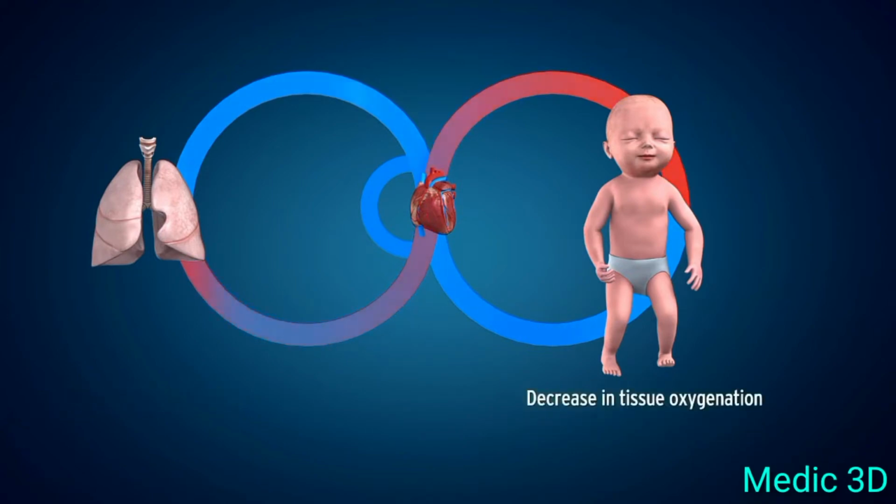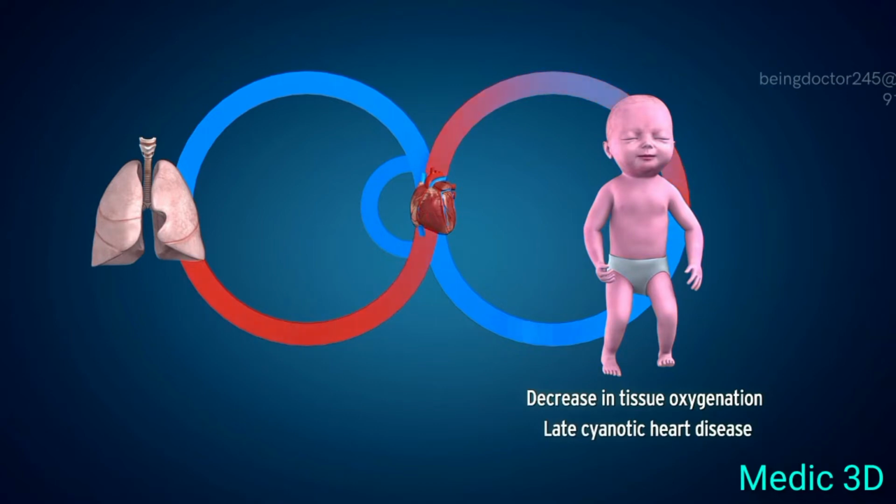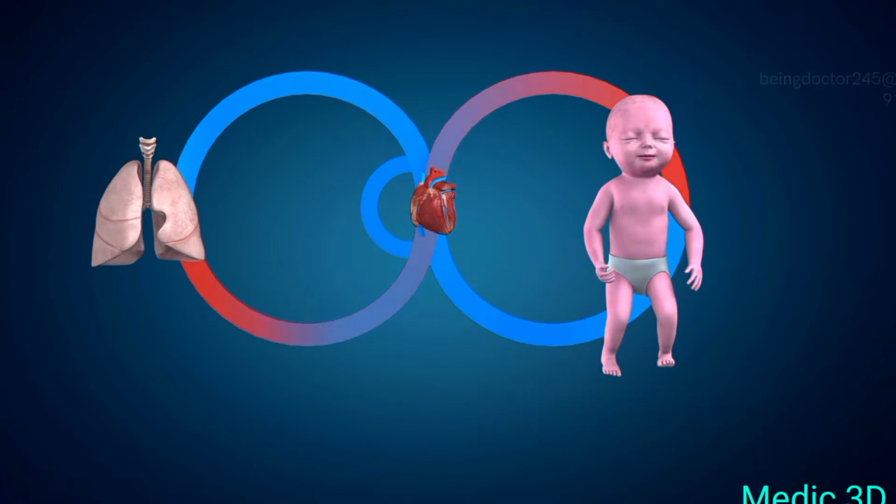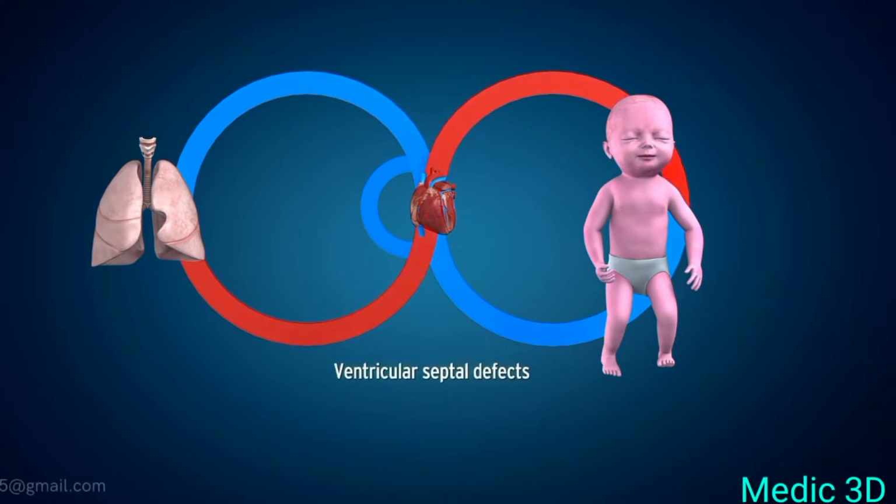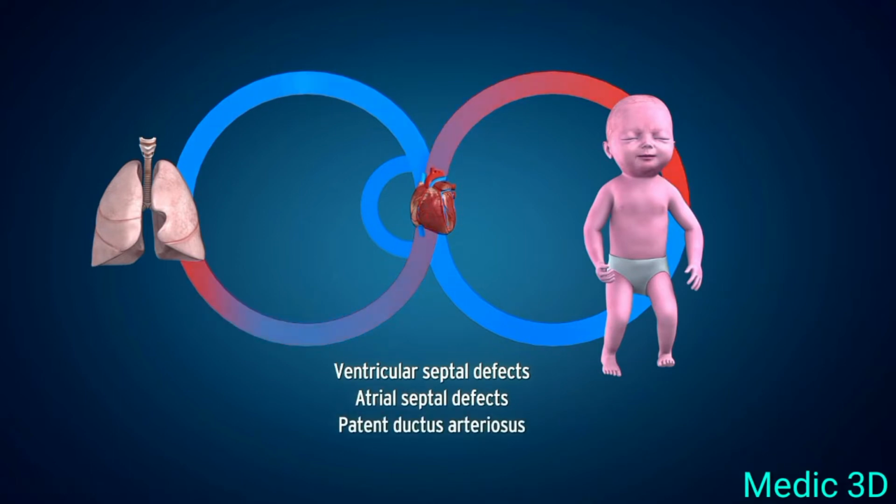There is a decrease in tissue oxygenation through reduced cardiac output, resulting in late cyanotic heart disease. The different conditions causing left to right shunts are ventricular septal defects, atrial septal defects, patent ductus arteriosus.